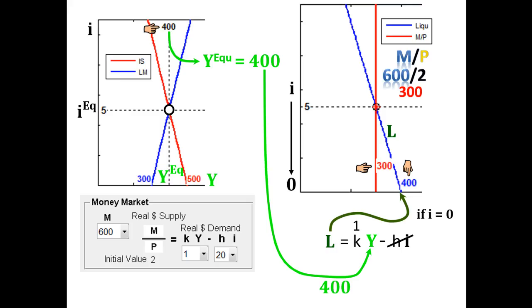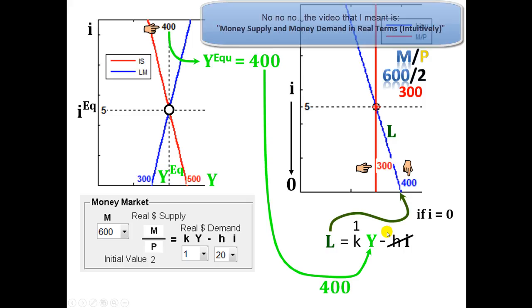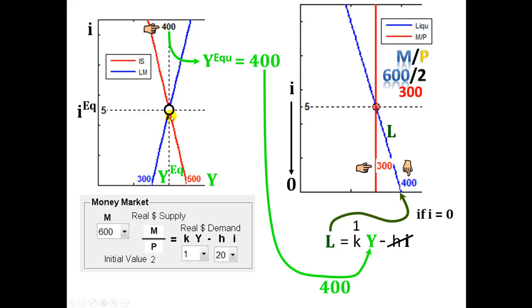If this is not very clear to you, you can watch again the video entitled "A Difference Between the Good Market and the Money Market." So that's the reason why first we have to find numerically this point, and then using this information we can find out this blue line and this 400.